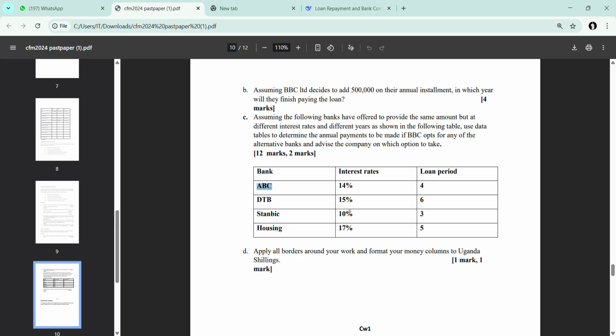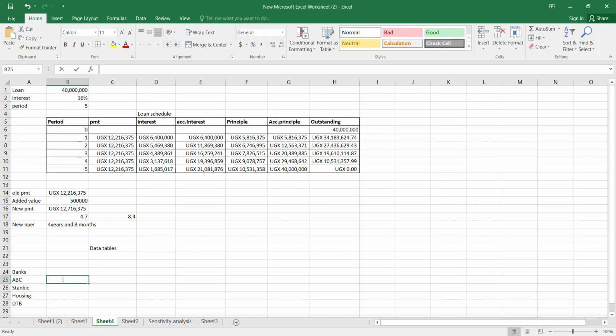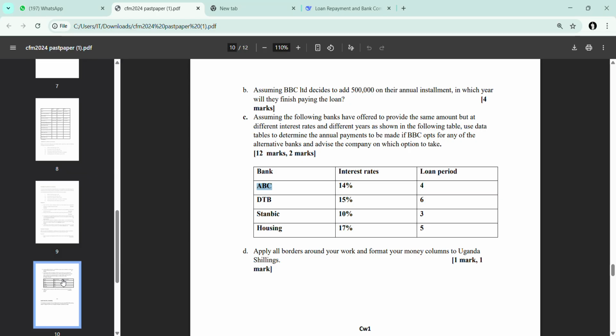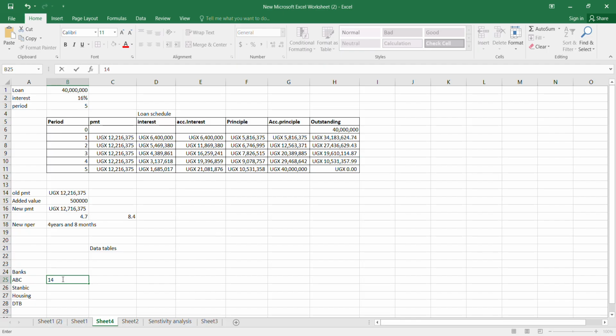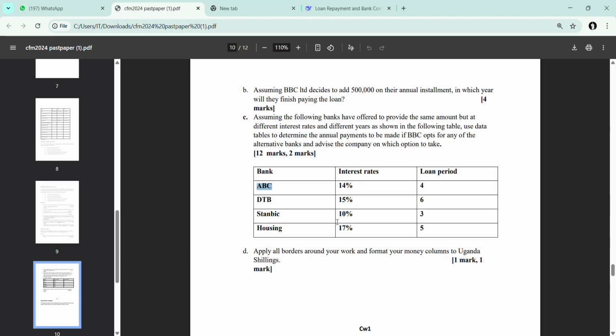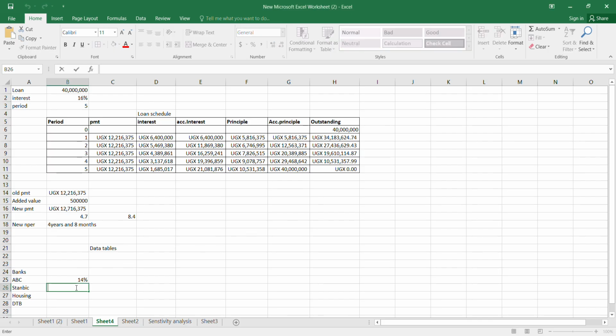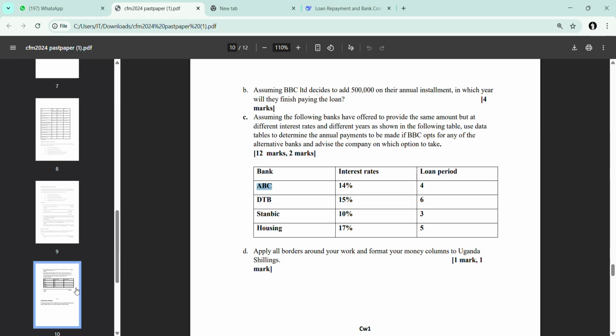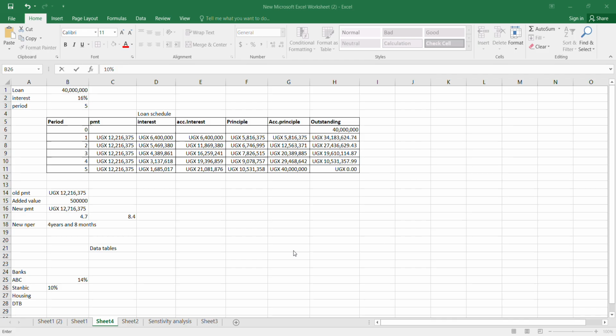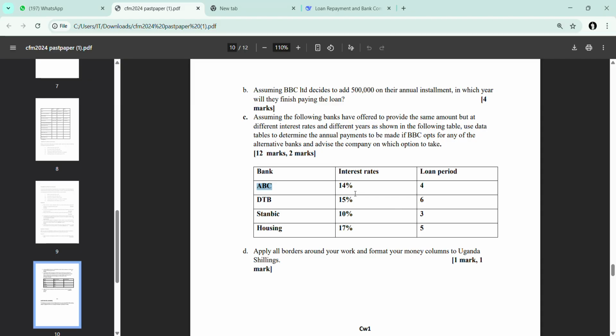So the interest rate for ABC is 14%. For Stanbic is 10%. Then for Housing is 17%. And then for DTB is 15%.